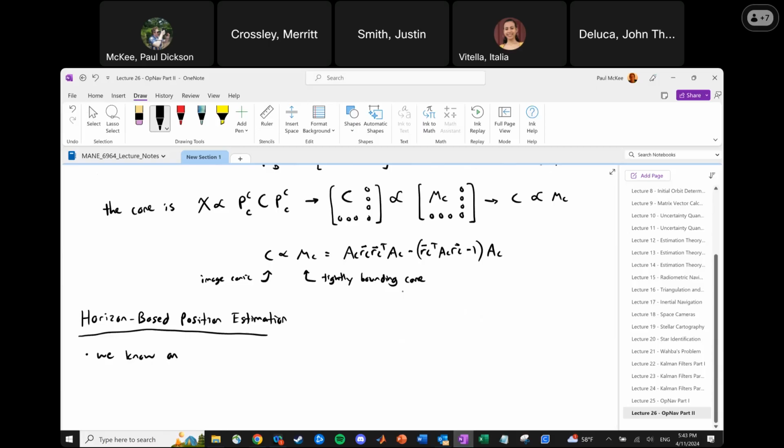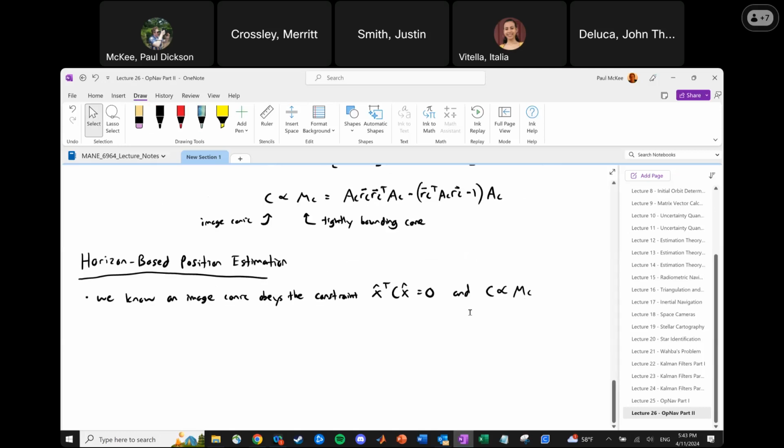An image conic obeys the constraint that X transpose CX is equal to 0. And we know that C is proportional to this MC, which is our tightly bounding cone information.